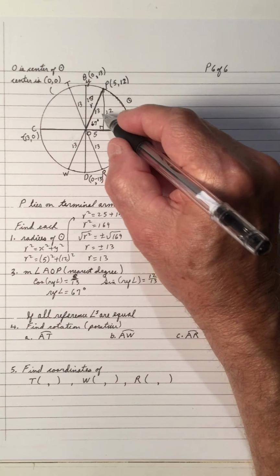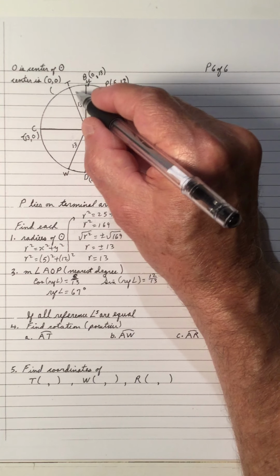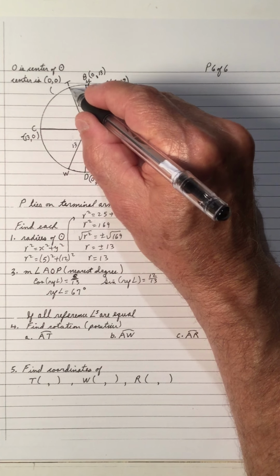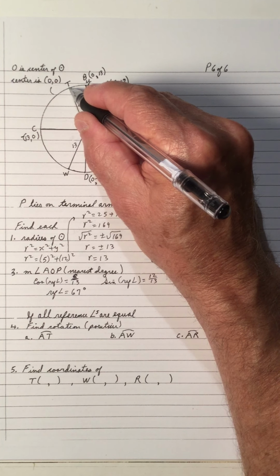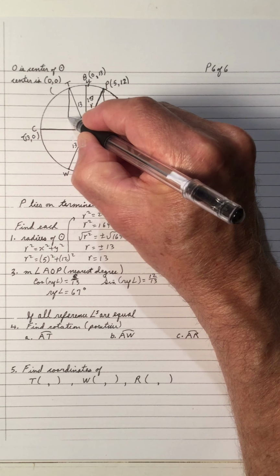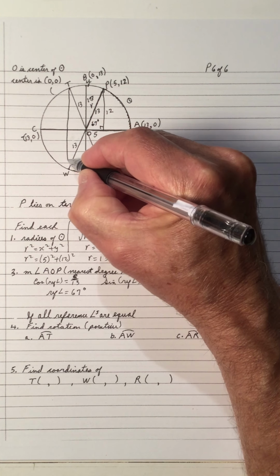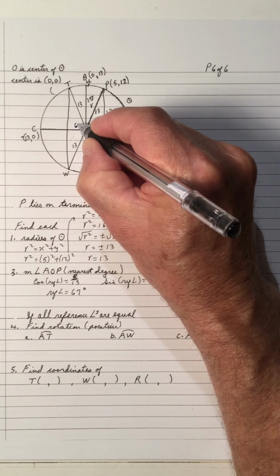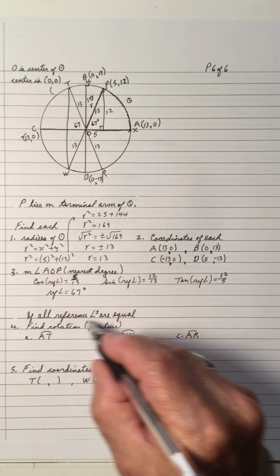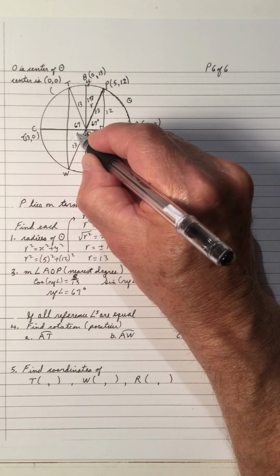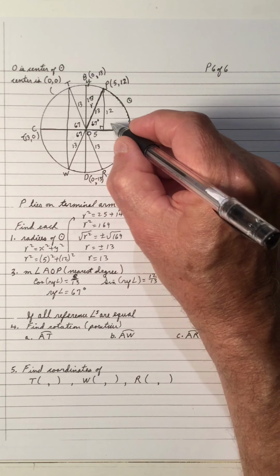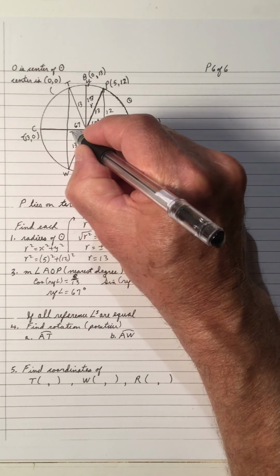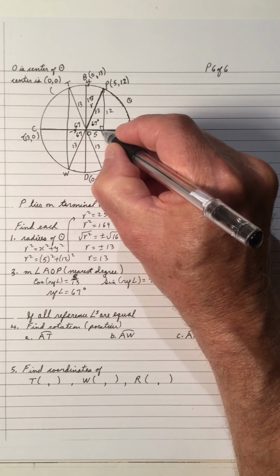So in this quadrant here, if I drop that perpendicular down, the reference angle in this quadrant is going to be the same, because all reference angles are the same and all triangles are congruent. Remember, that's a negative 5, opposite to this one.